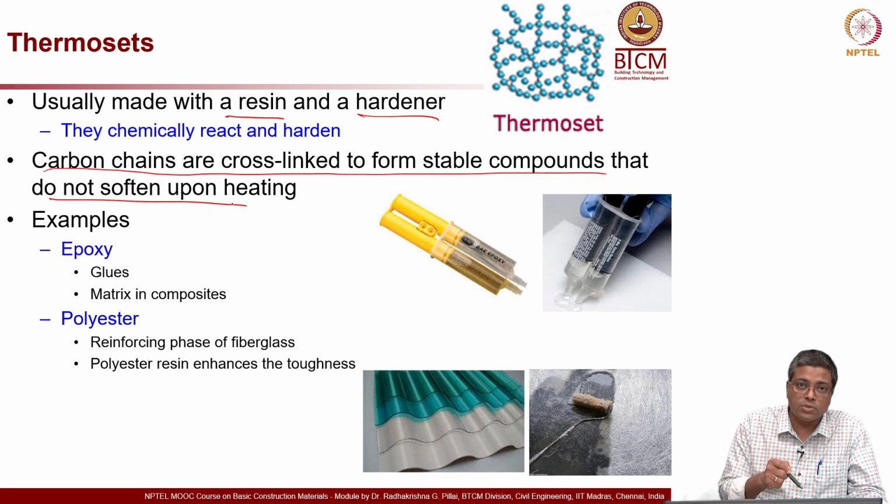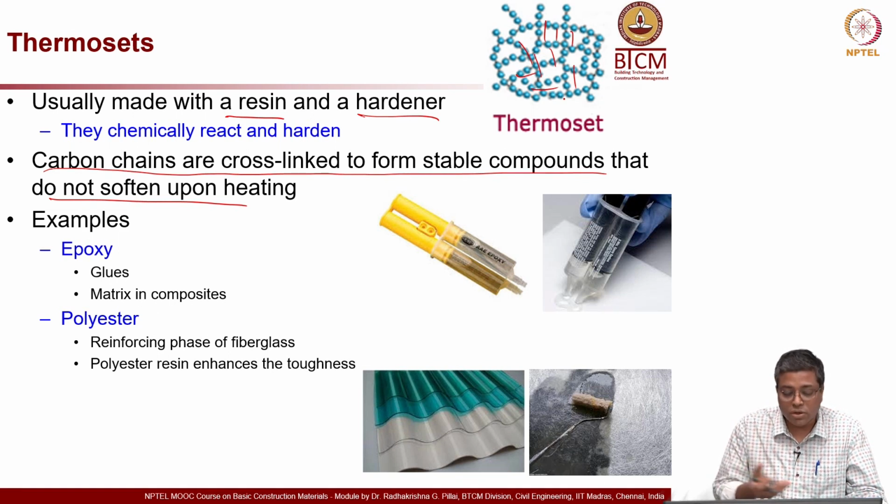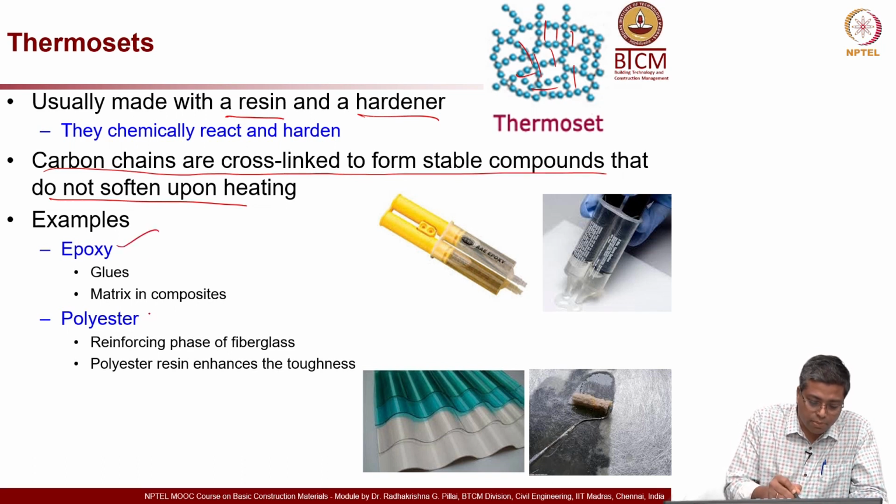But in this case it does not really change its viscosity, and very stable products are formed in the case of thermosets. You can see here there are a lot of cross links, which are very difficult to break, as they need a higher energy level. Examples are epoxy and polyester.